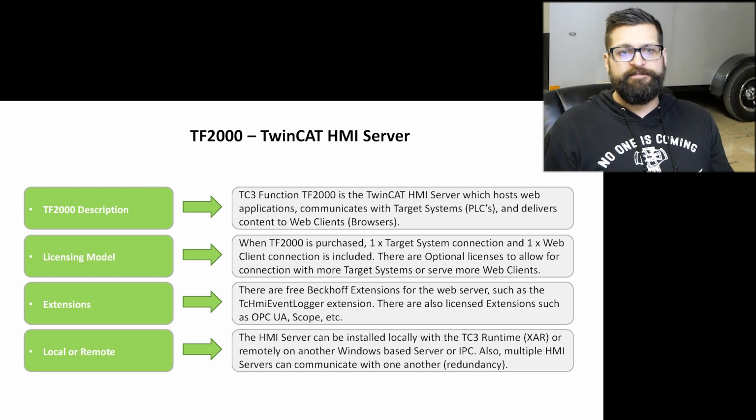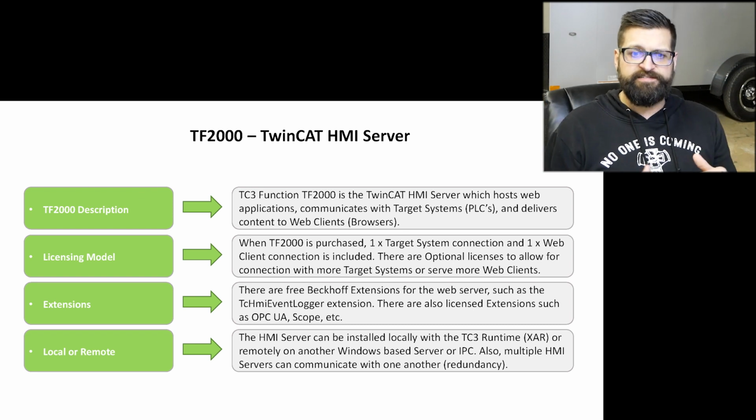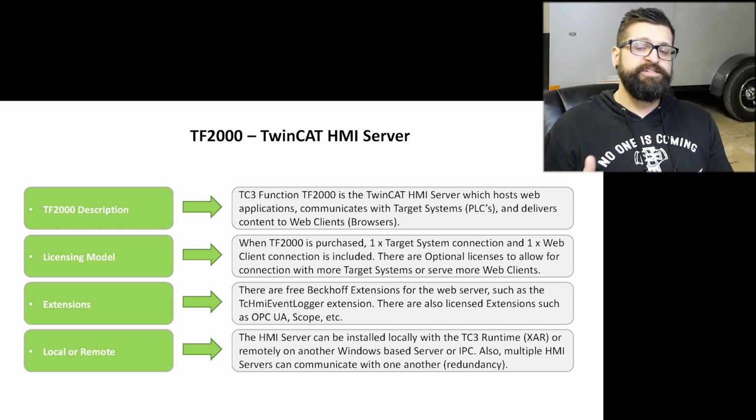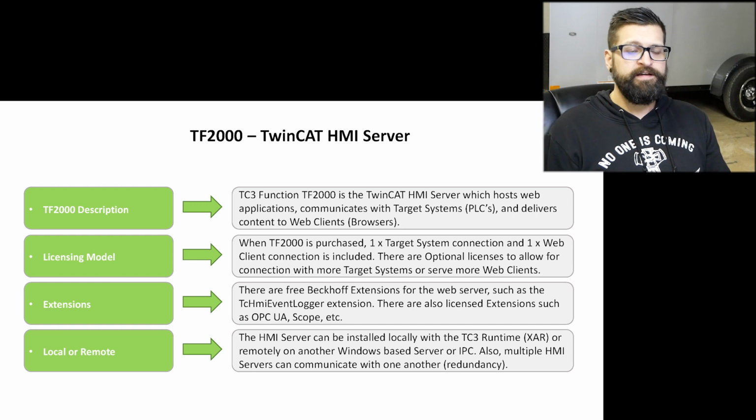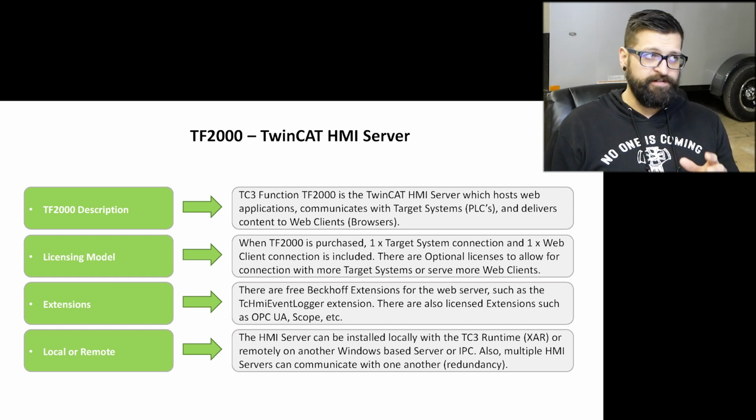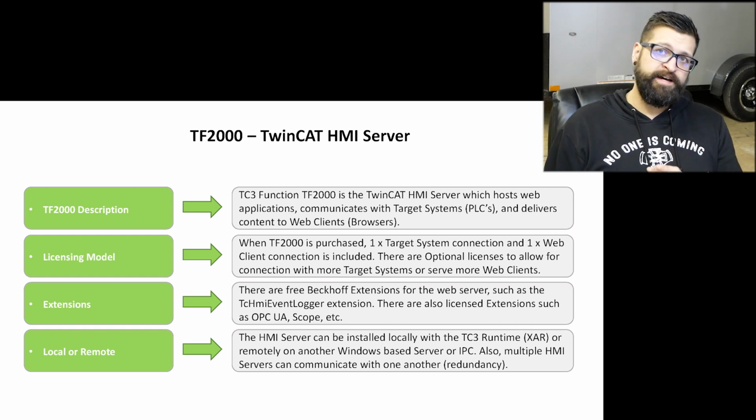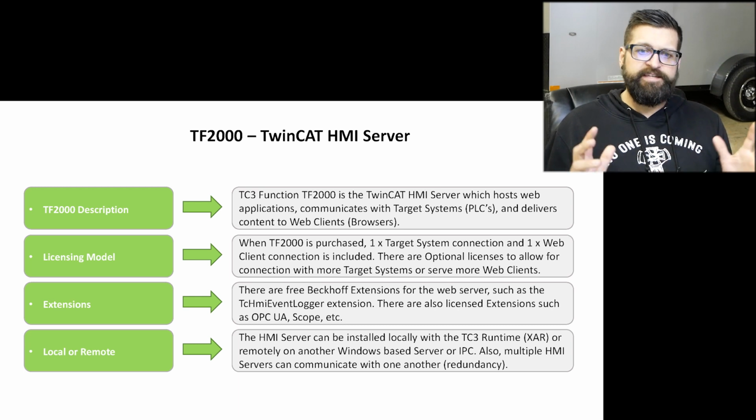And then another part of the TF2000 functions is the extensions. There's a list of official extensions that you can look through, like the TcHmi event logger and the SQLite historize. These are add-ons that you can install for free that give you some functionality.